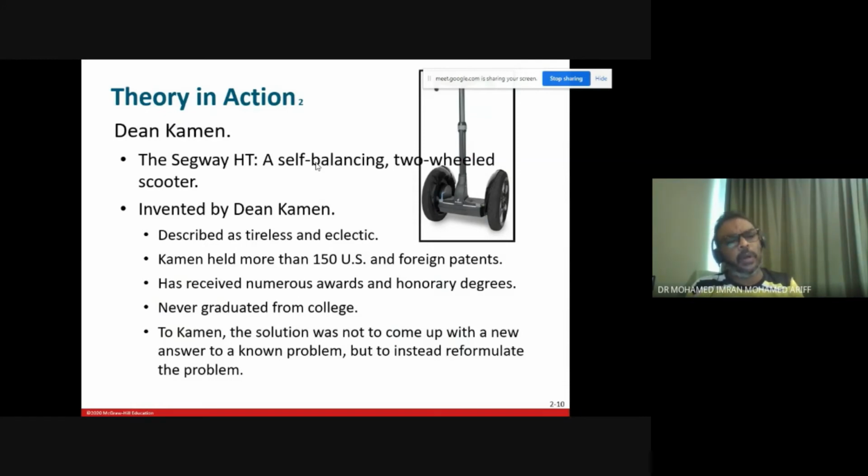Can anyone help me? What does this line mean? The solution was not to come up with a new answer to a known problem, but to instead reformulate the problem. Izati, can you help me out?